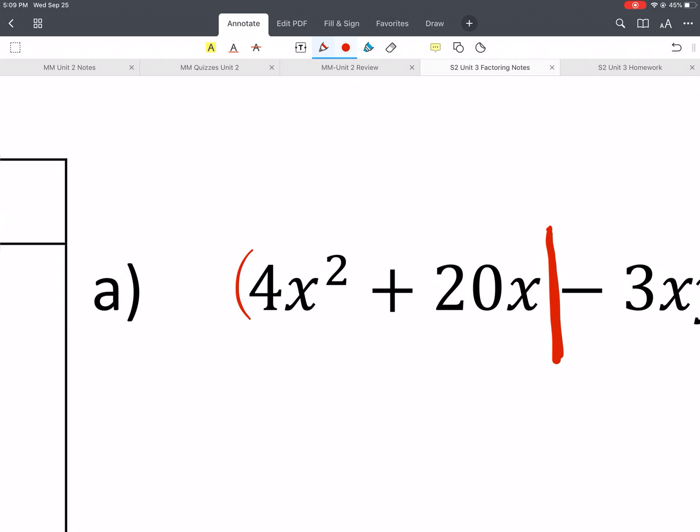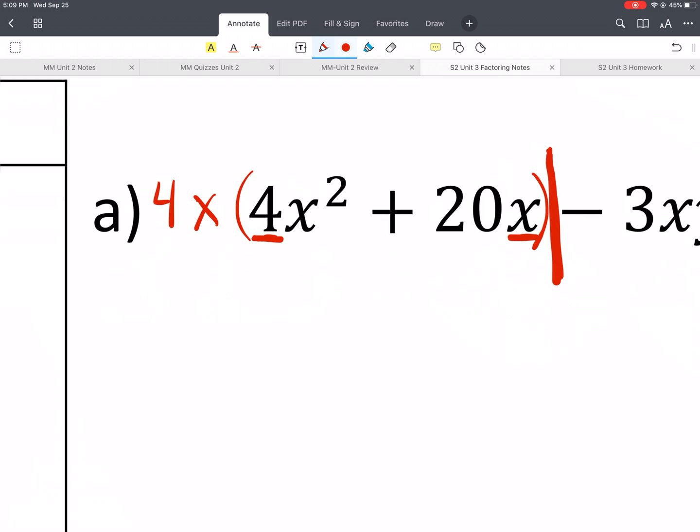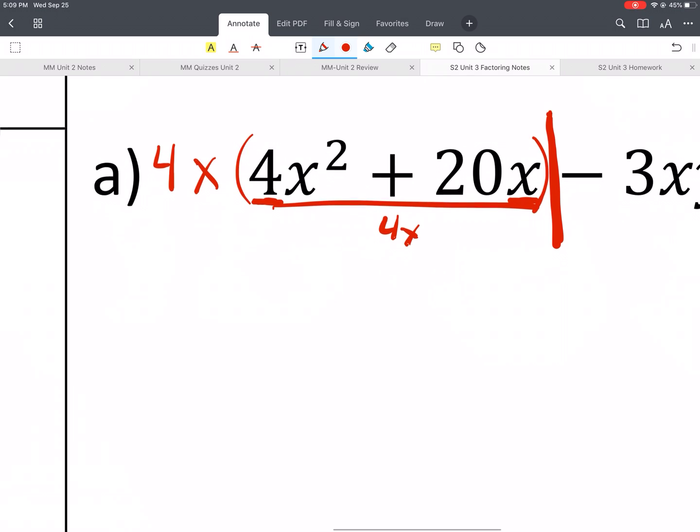So the greatest common factor for these first 2 terms, okay, well, for numbers, we can factor out a 4, and we can also factor out an x, okay? So this would be our smallest coefficient, and this would be our smallest exponent. So we would still need to divide it by 4x to keep it equal.